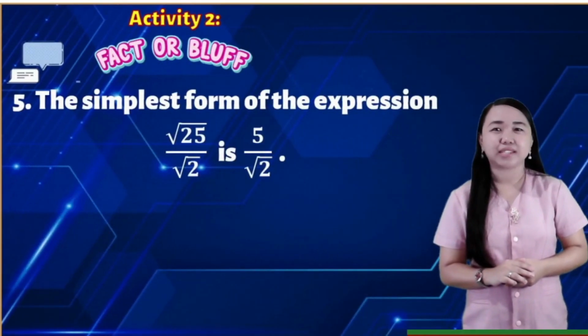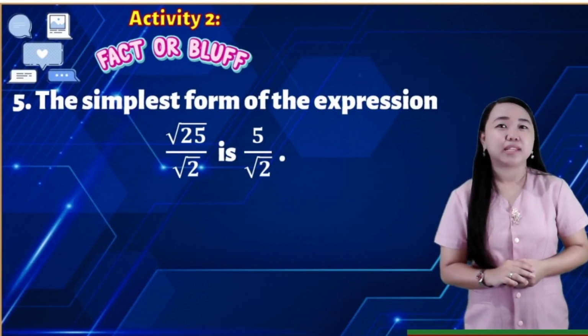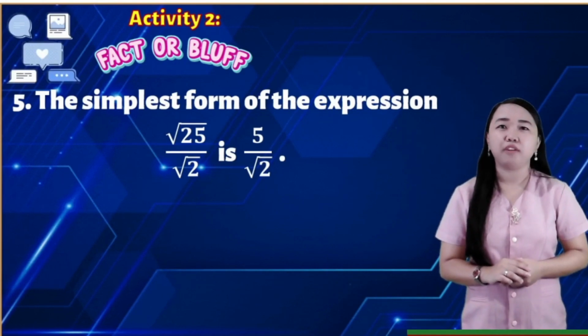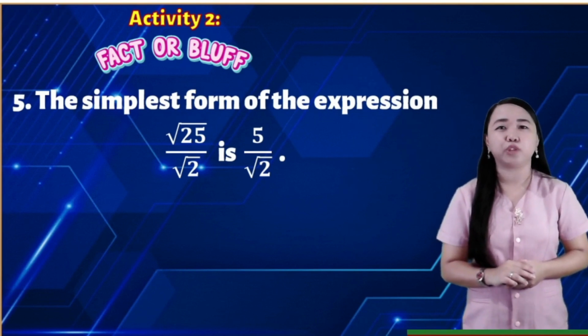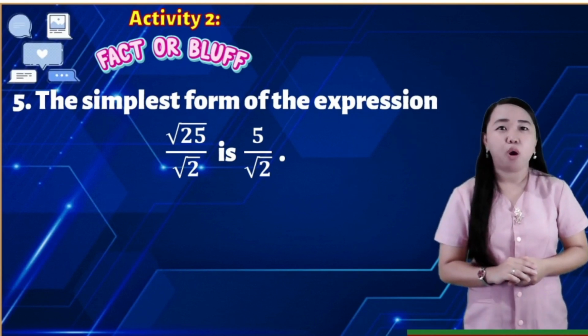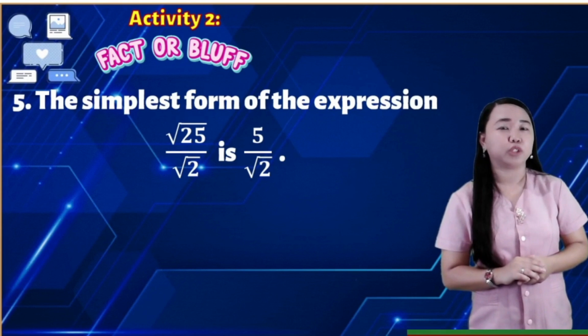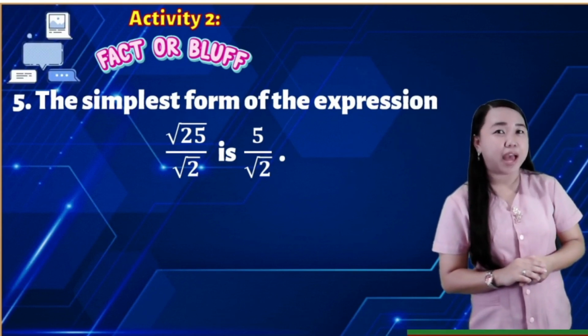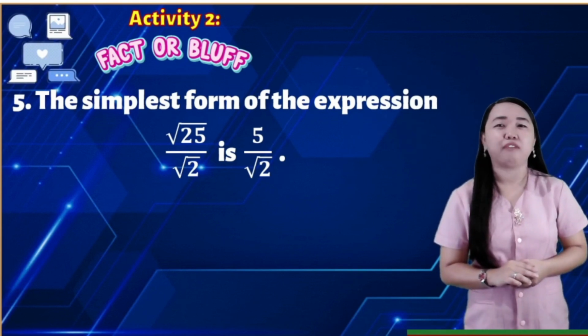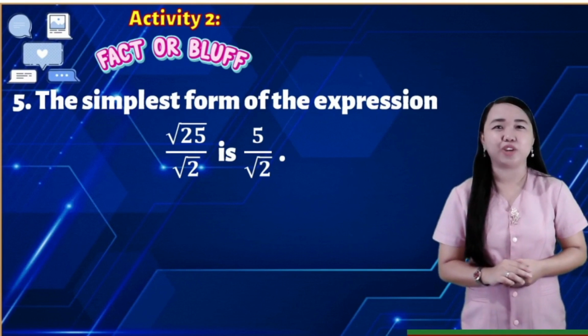And for the last item, the simplest form of the expression square root of 25 over square root of 2 is 5 over square root of 2. Is it a fact or a bluff? You have 10 seconds to key in your answer.